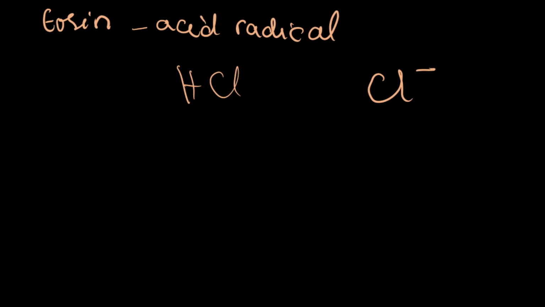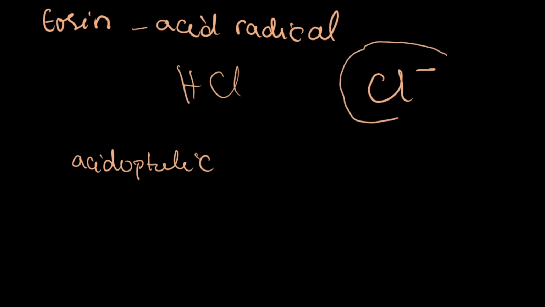Now, eosin stains the acidophilic components of a tissue. So the acidophilic components of a tissue are stained by eosin, which is an acid stain. Given that the color imparting component is an acid radical which is negatively charged, this gives us an idea that the acidophilic component stained by eosin is somewhat positively charged, since it's attracted to the negatively charged acid radical.